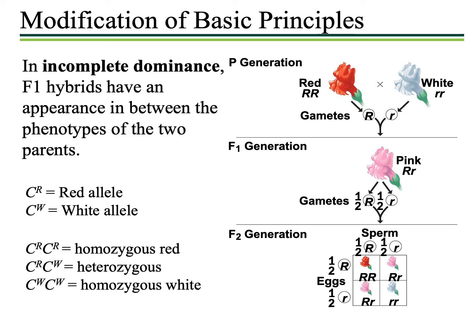If you continue on to make a Punnett square and make a prediction about the offspring that we would expect in the F2, you would expect that 1/4 of the offspring would be homozygous red, 2/4 of the offspring heterozygous, and 1/4 of the offspring homozygous white. But again, in this case, with incomplete dominance, what we're seeing is heterozygotes have a phenotype that is somewhere in between either of the true breeding parents.